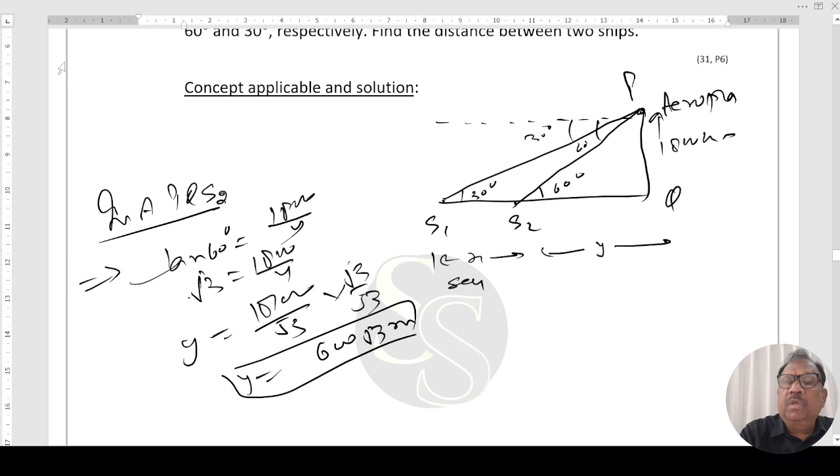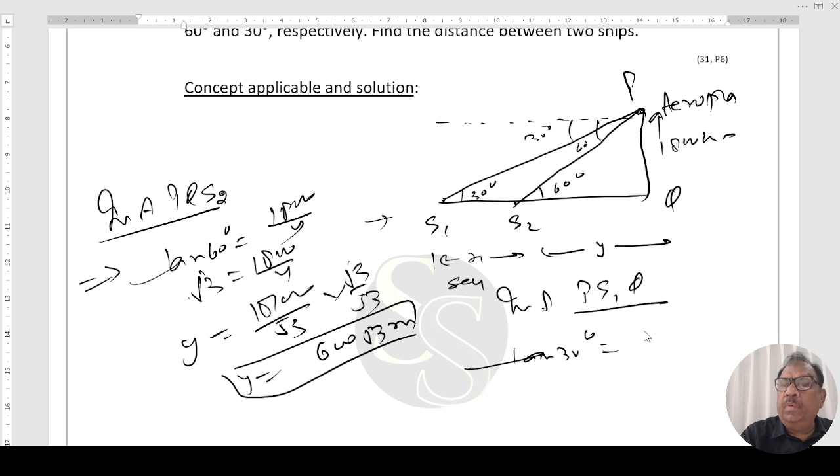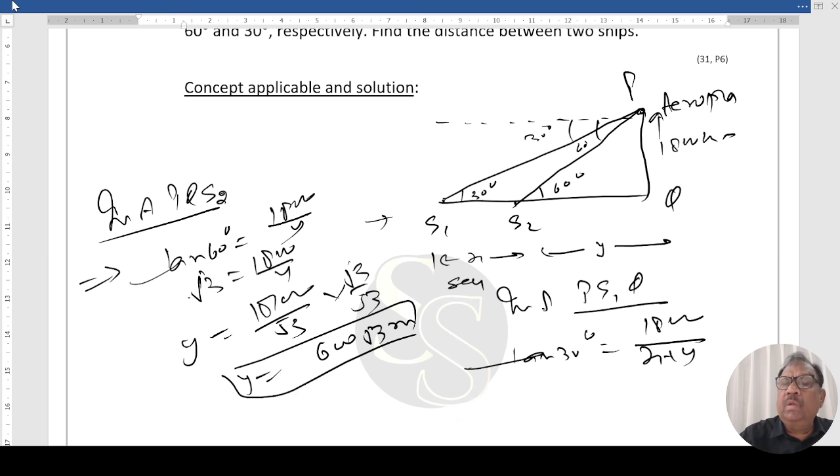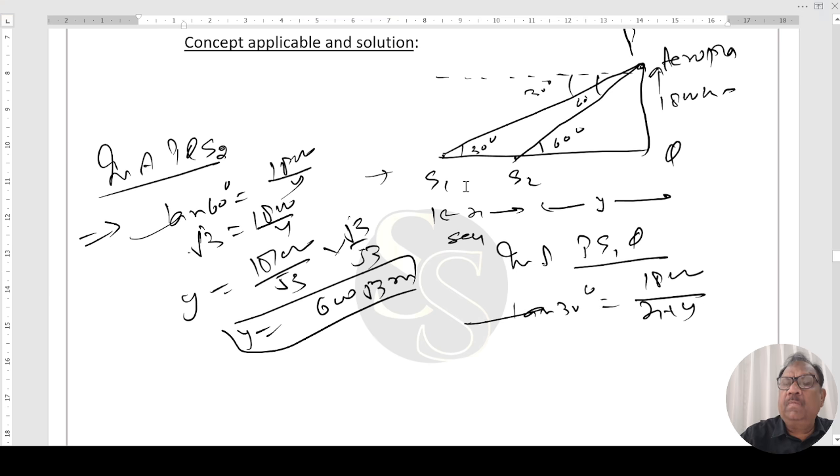And both are moving in these directions. Then in triangle PS1Q, tan 30 degree equals PQ, 1800, divided by this, which is x plus y. 1 by root 3 equals 1800 upon x plus y, that is x plus 600 root 3.